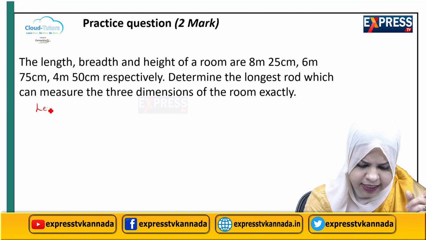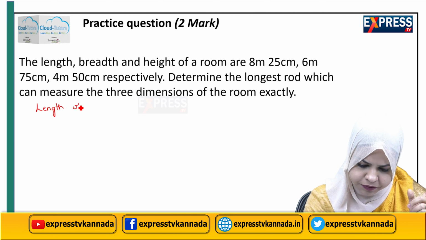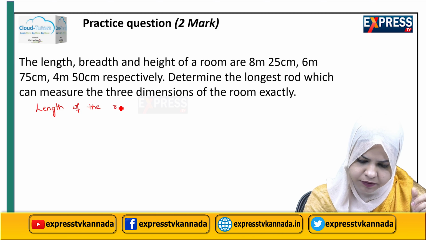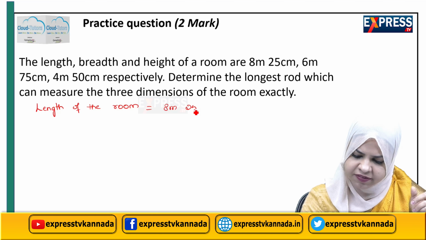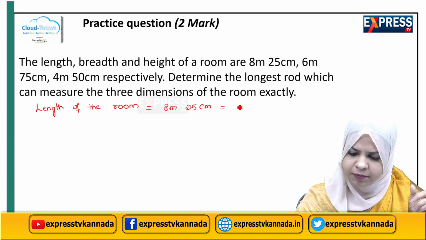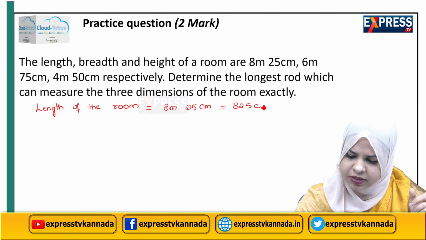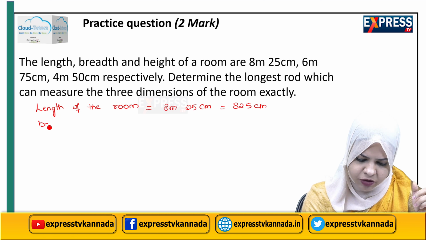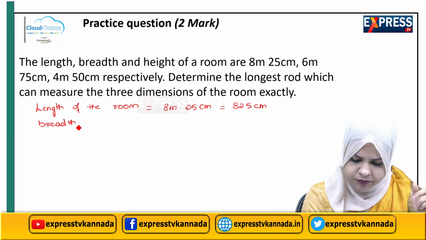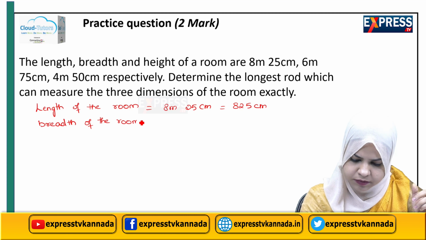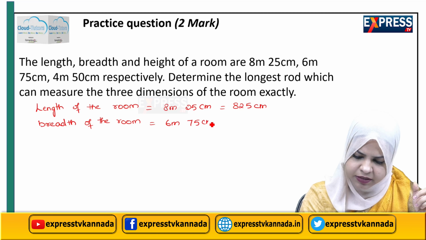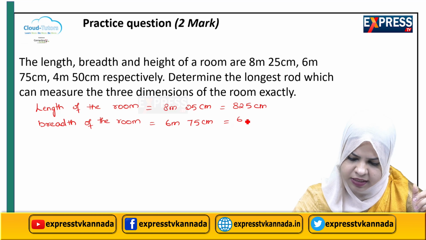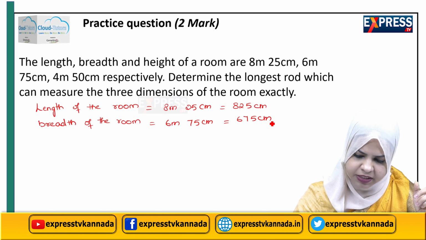So let the length of the room be 8 meters and 25 centimeters, that is nothing but 825 centimeters, and breadth of the room is 6 meters 75 centimeters, that is equal to 675 centimeters.